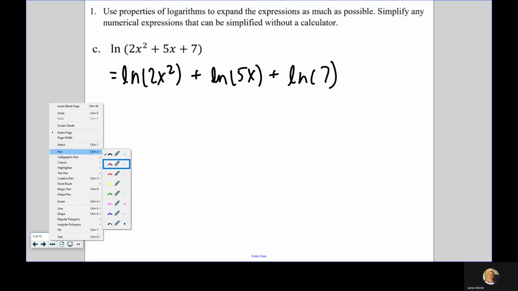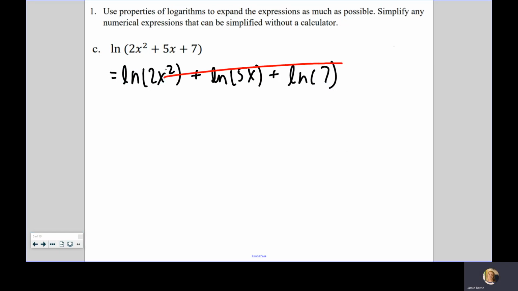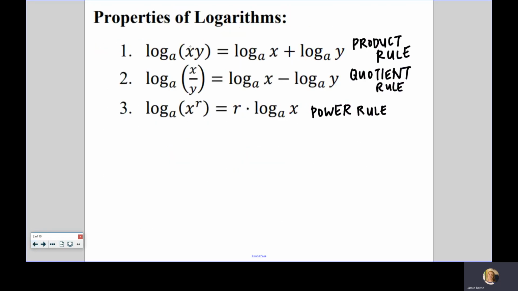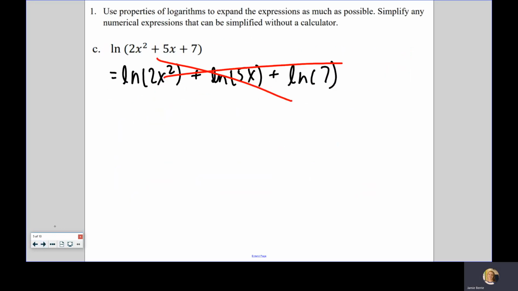This is wrong. The product rule, which allows us to separate logarithms across addition, only applies whenever you have a product inside of your argument. Here we have the sum of some expressions or some terms, but we don't have a product.